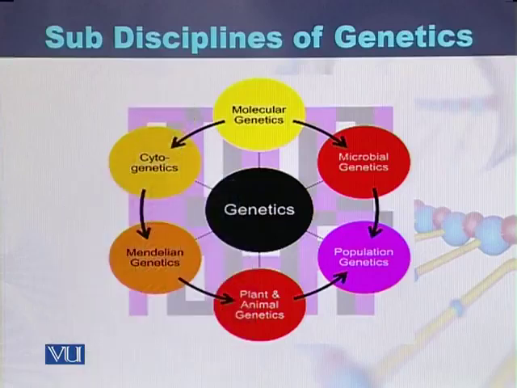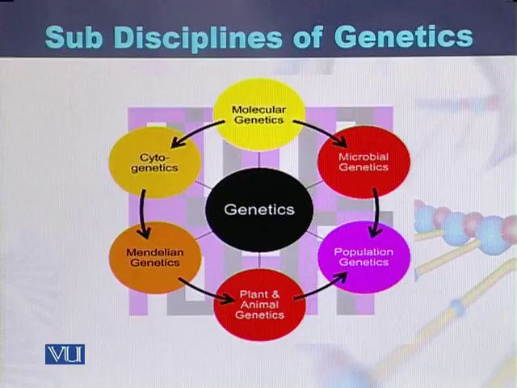But those geneticists that classify genetics into many subdisciplines, these are the major subdisciplines of genetics. Molecular genetics deals with genetics at the molecular level. Cytogenetics is where we study the chromosomes and the banding pattern of the chromosomes.